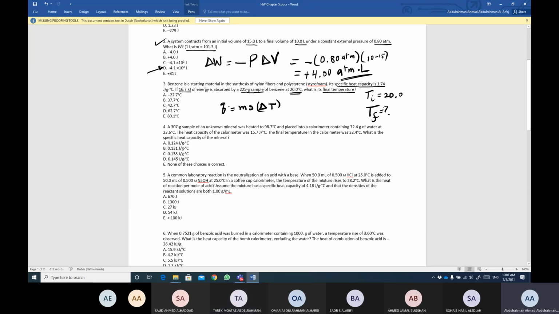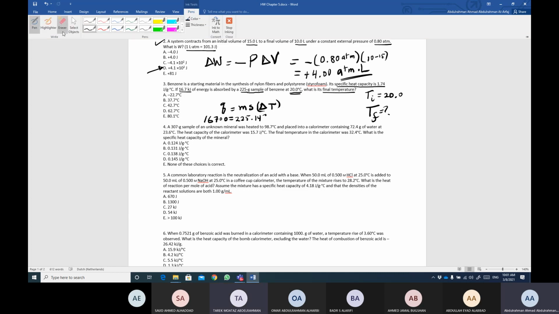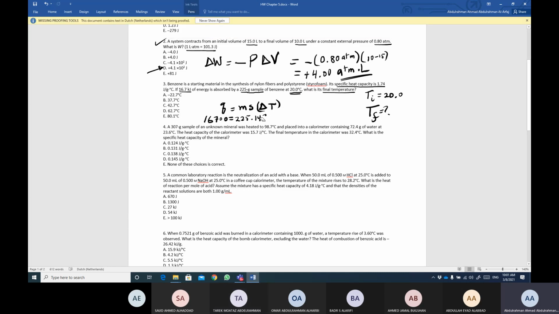What is Q? It's 16.7 kilojoules. We change it to joules. Exactly. What's M? 225. What's S? 1.74.